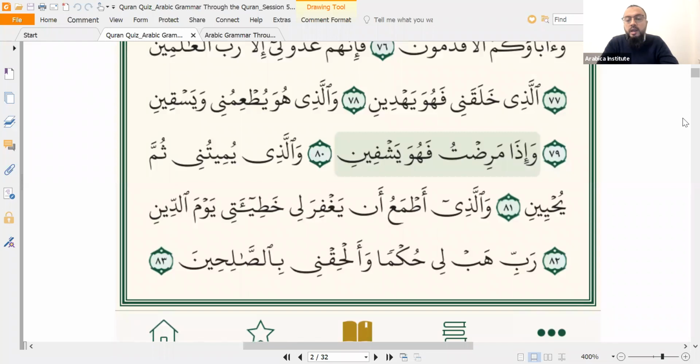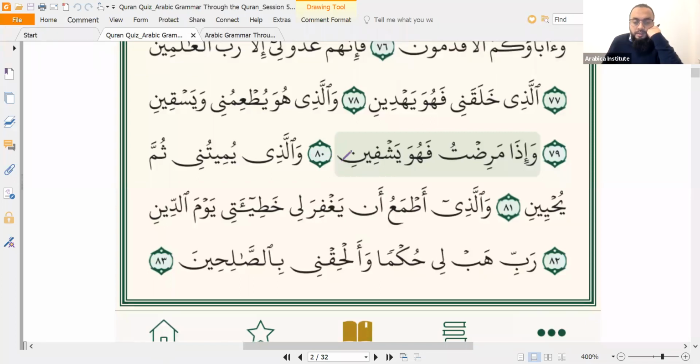So if I say wa idha maridtu fahuwa yashfin, and when I am ill, he cures me. Fahuwa, so he, yashfini. What does yashfi mean? He cures, good, and then there's a ni. And this ni here, anybody guess?